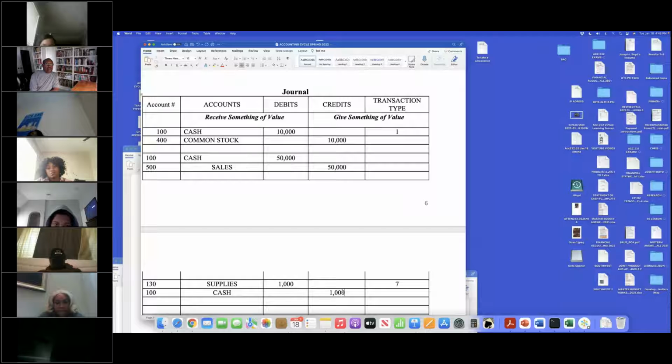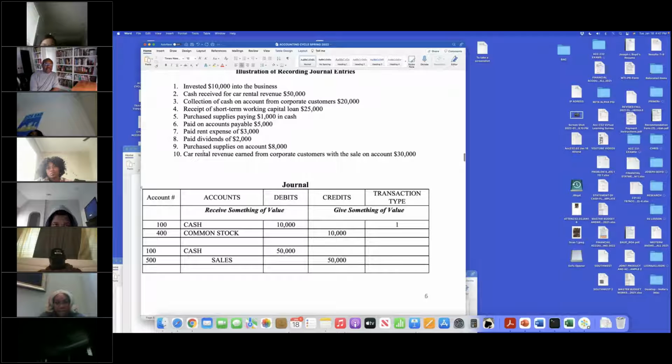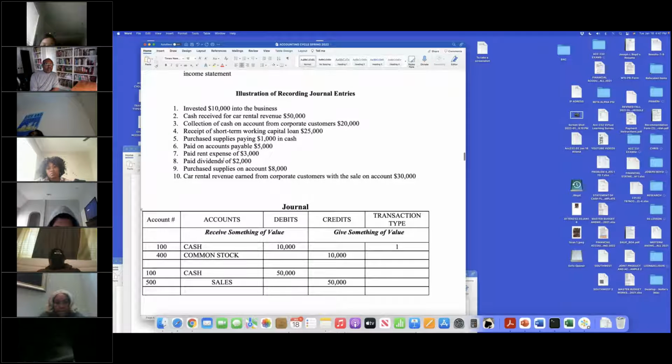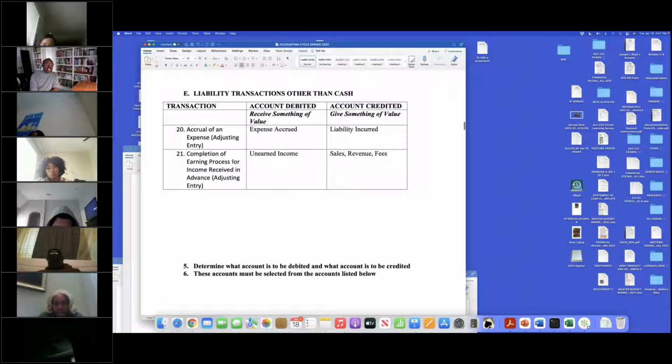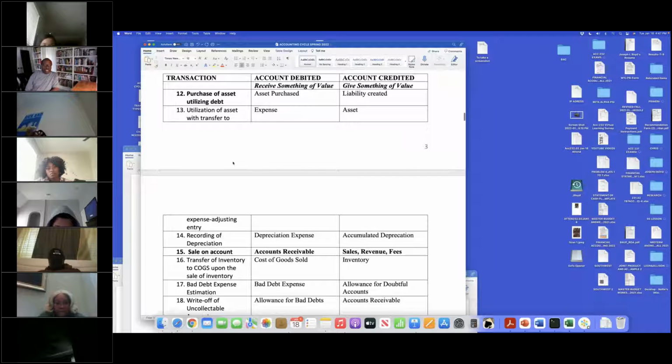So one more, let's do number 9. Number nine, we don't have any cash, so it's not a 1 through 11. So what is number 9 going to be? We purchase those supplies on account.